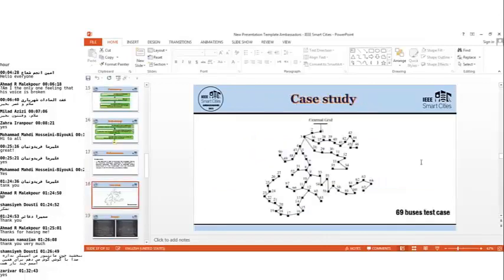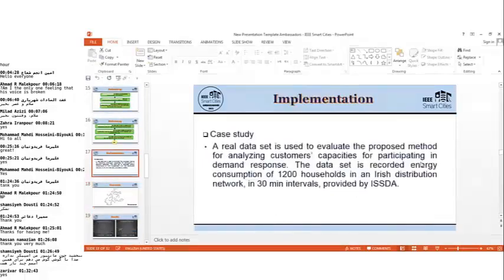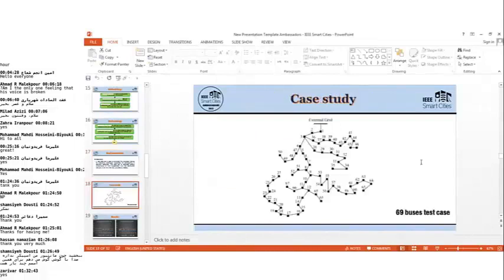This data set of 1200 households is implemented and distributed on a 69-bus test case, as shown in this picture. And these customers are dedicated to 24 clusters.